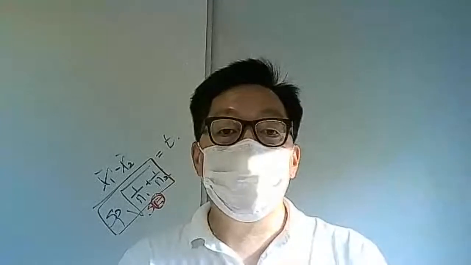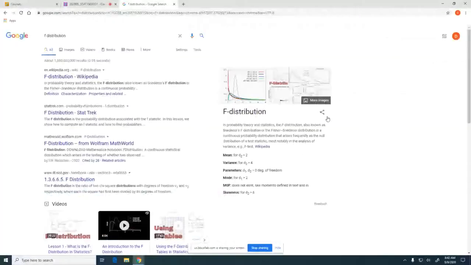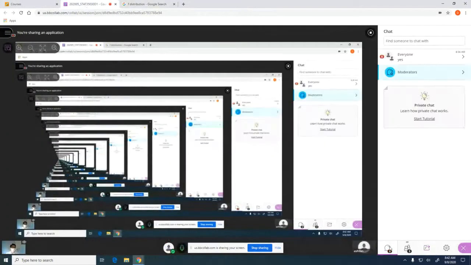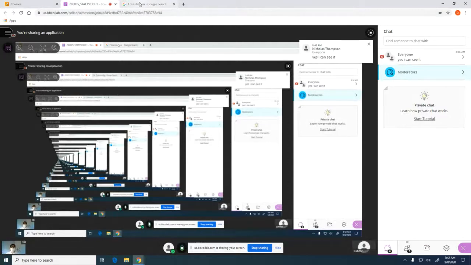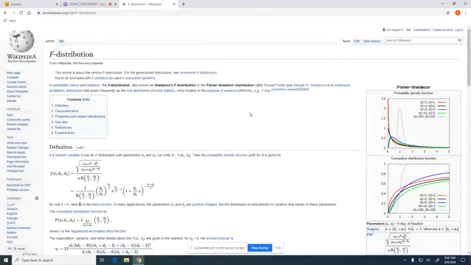I have to share my computer. Okay, how about now? Please say yes or no. Okay, let me go to the Wikipedia for the F distribution. Can you see the F distribution, the right column?